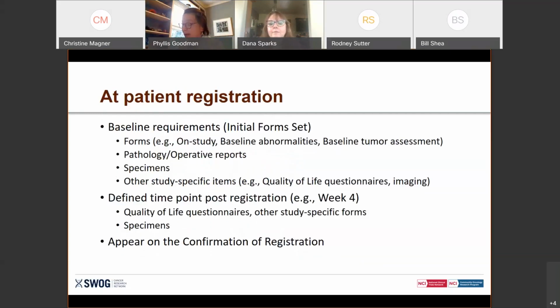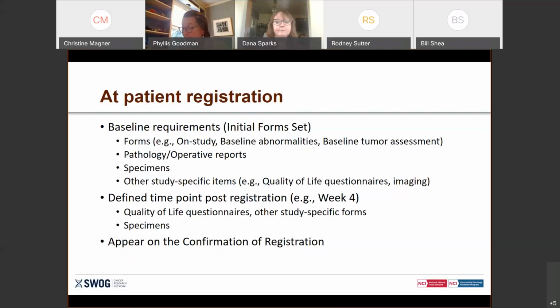Expectations that are posted at the time the patient is registered include the baseline forms and specimen requirements, also known as the initial form set. This includes the on-study form, the baseline abnormalities and tumor assessment forms, source documentation, including the path and op reports, baseline specimens, either for confirming disease or those for translational medicine or banking, and other study-specific items such as quality of life questionnaires or imaging source documents.